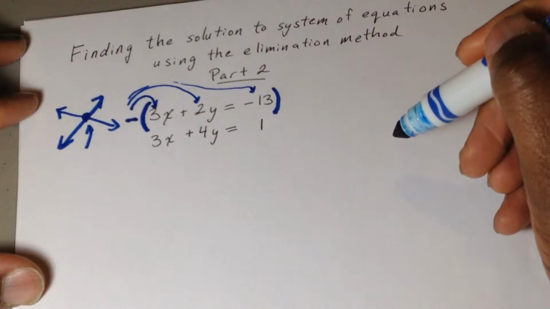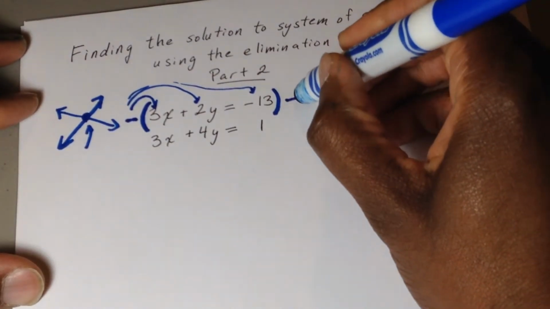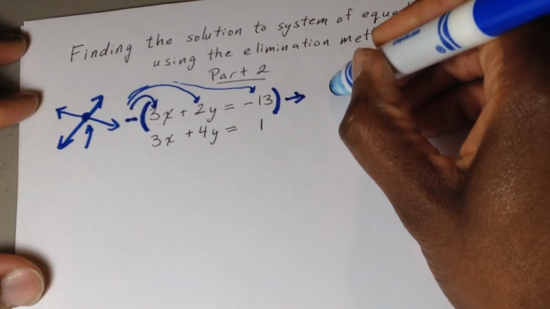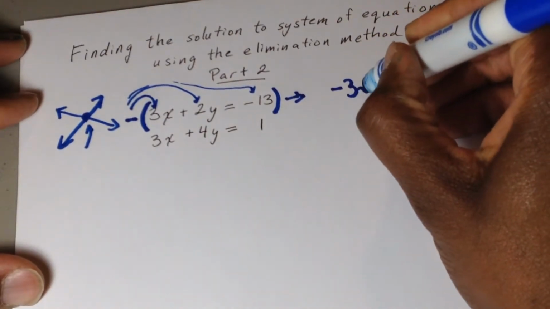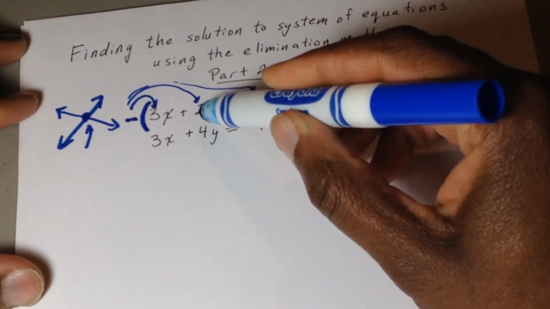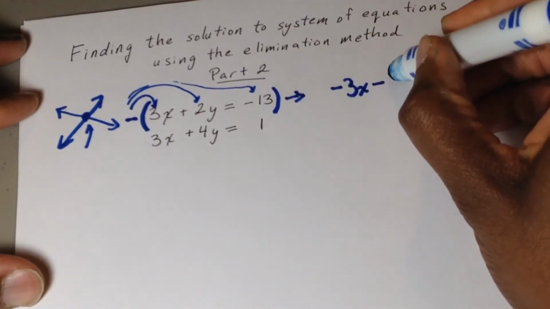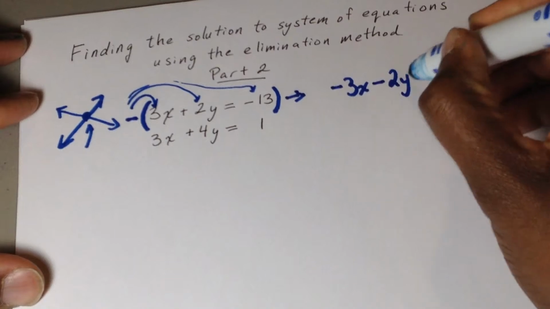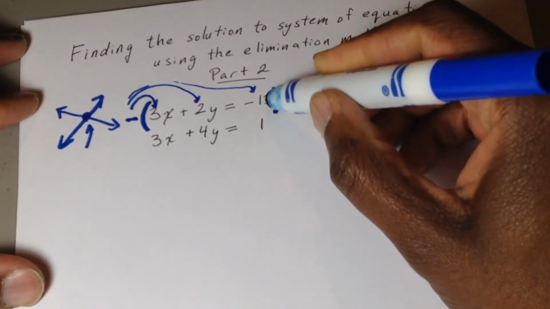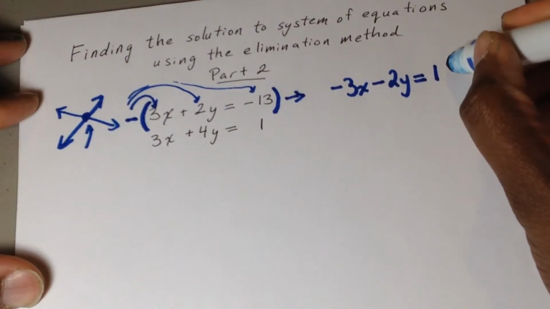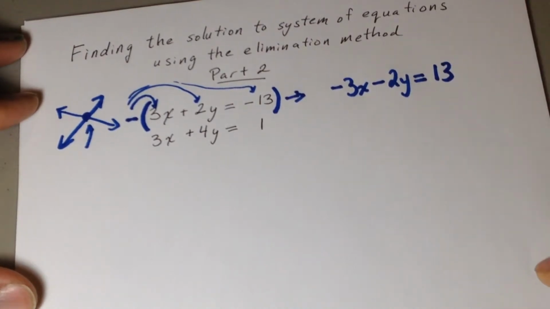So I'm going to get a new equation. That new equation is going to be negative 3x. It was plus 2y, which now becomes minus 2y, and equal to, that was negative 13, that's now positive 13.